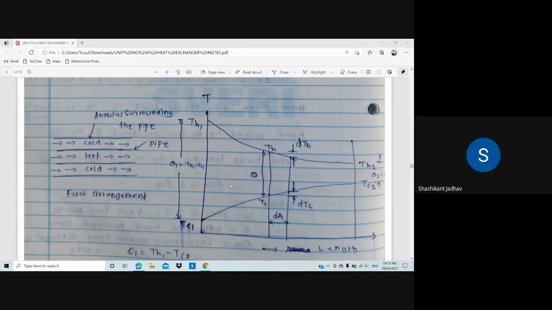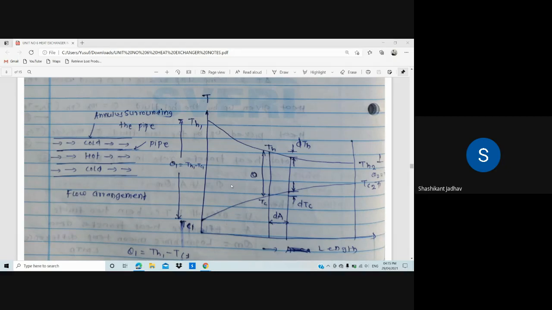So all of you write down the next heading: LMTD for heat exchanger, derive expression. So do LMTD for parallel flow heat exchanger and draw these two diagrams.